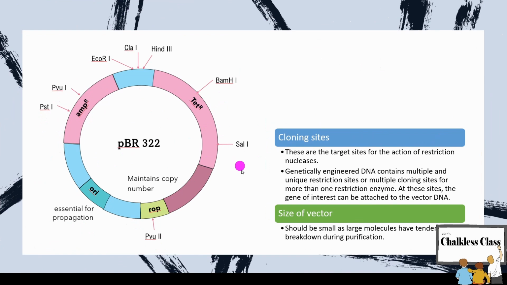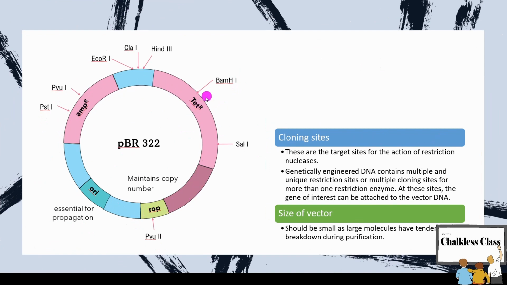For example, let us take this plasmid. Here, we are taking the tetracycline resistance marker. BamHI, from Bacillus amyloliquefaciens H strain, is the enzyme extracted from it. For this, there is one cloning site, so it can cut this plasmid into one straight sequence.